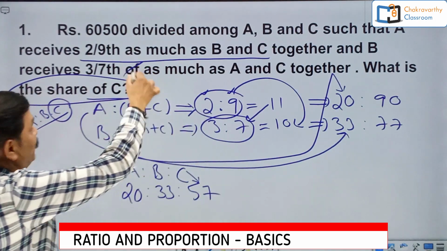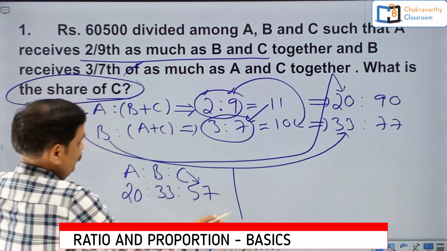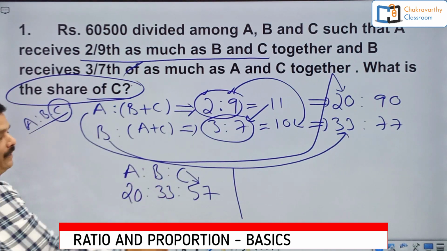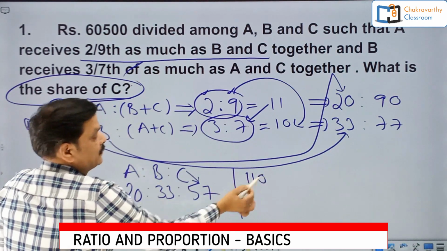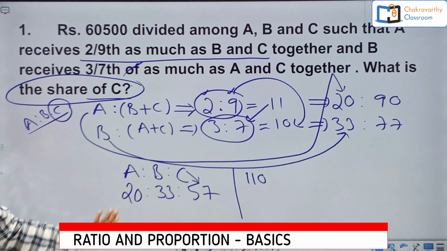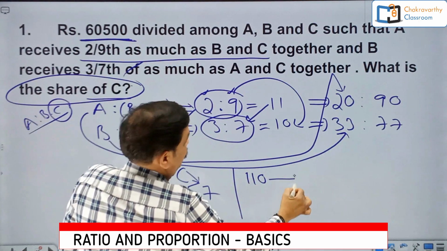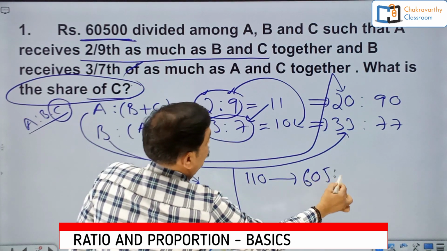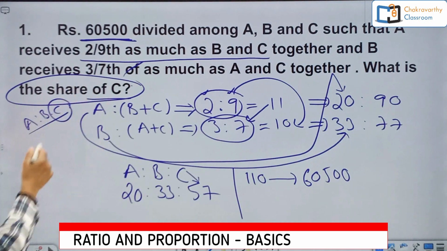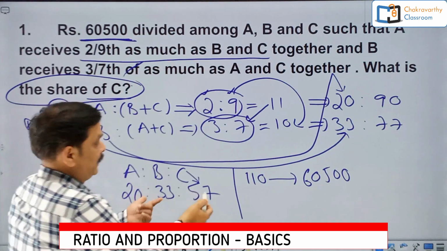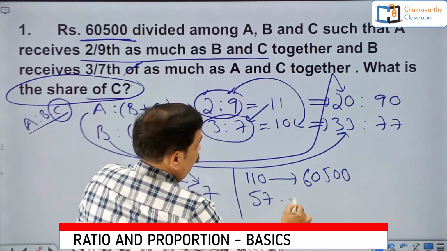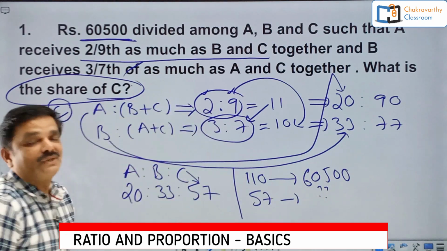Now here, go by the unitary method. What is this? 20, 33, 57, the sum is 110. As per my imaginary figures, if total is 110, thus total must be equalized to this total. 110 parts is equal to 60,500. Is it 60,500? Right. Now here I need 57 parts. 57 parts is how much?